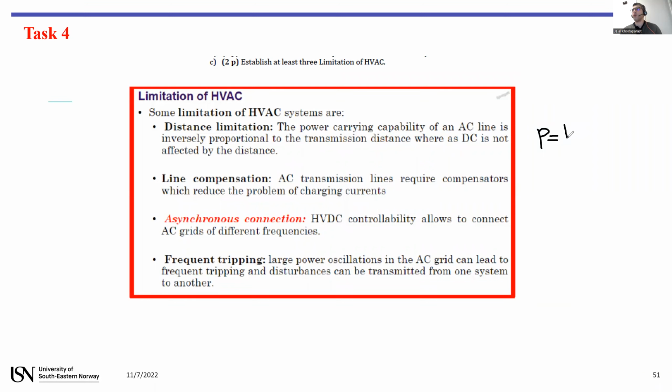According to this formula, if you have an AC transmission line, V1 is here, V2 is here. If you increase the length of this transmission line, the whole reactance X of the transmission line will increase.